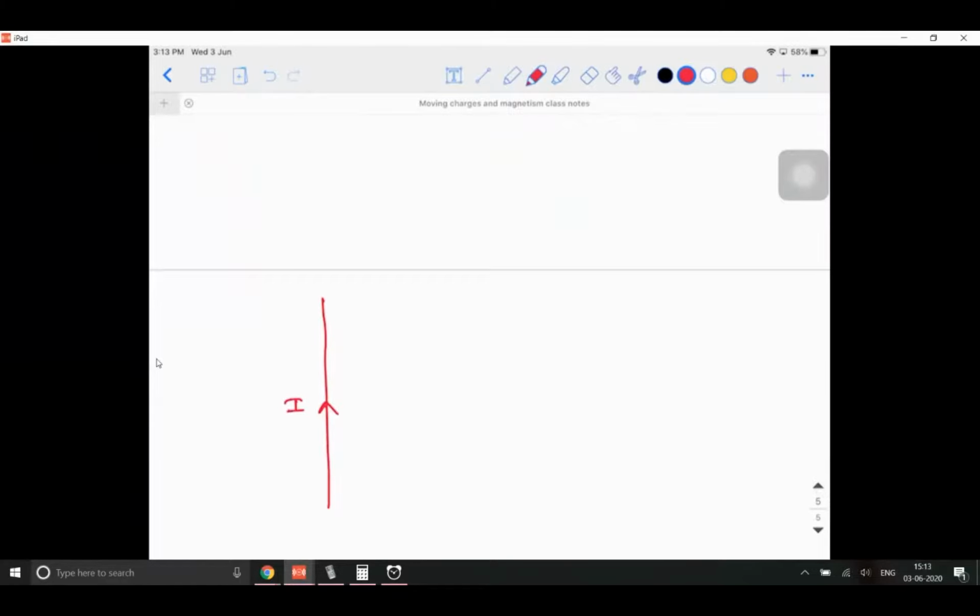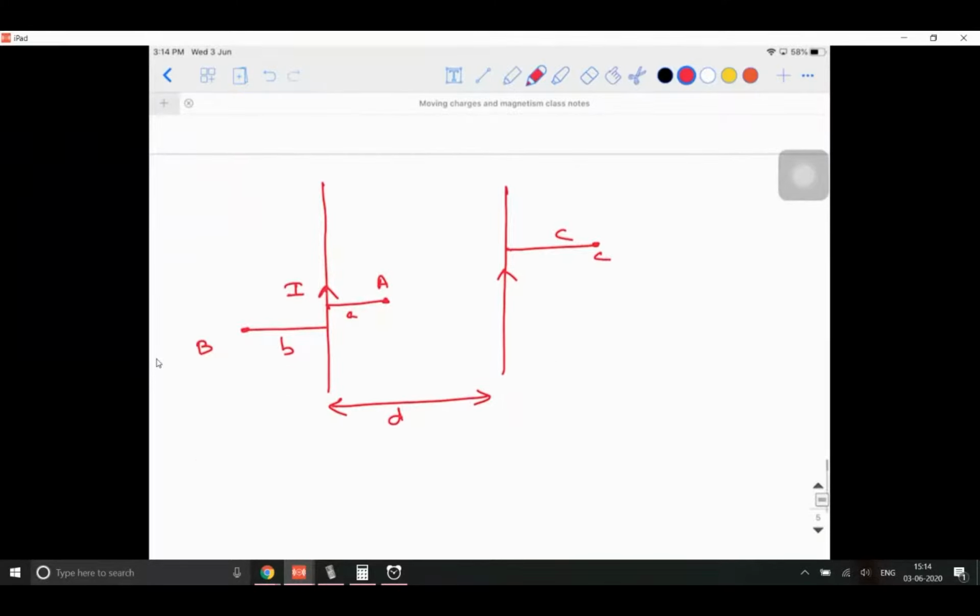So if I take the infinite length conductor and this distance is taken as A, and the distance of separation between them is D, this point is B and this distance is C. So let me take these points as A, B and C. What is going to be the value of magnetic field at point A according to the formula?